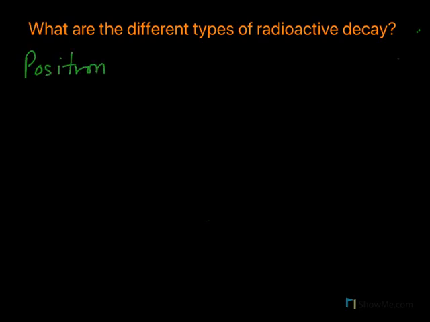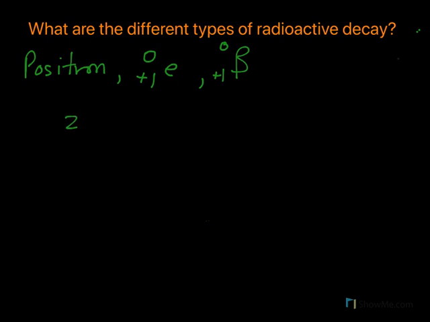A positron particle basically has the same properties as an electron, but instead of a negative charge, it has a positive 1 charge. So we can write it like this. So this is a positron particle.